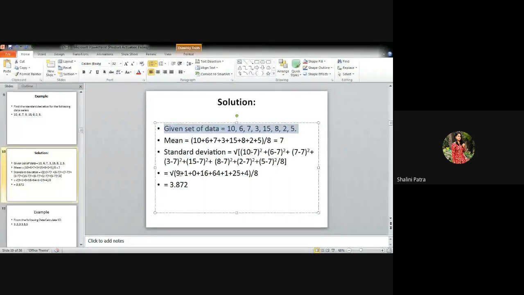That is 3 square, minus 1 whole square, 3 minus 7 that is minus 4 whole square, next one is 8 minus 7, that is 1, 2 minus 7, that is minus 5 whole square, and the whole of that.